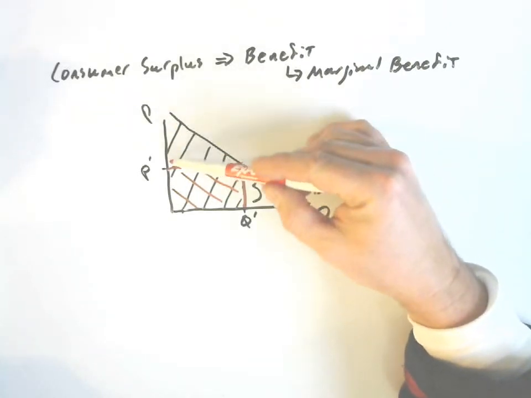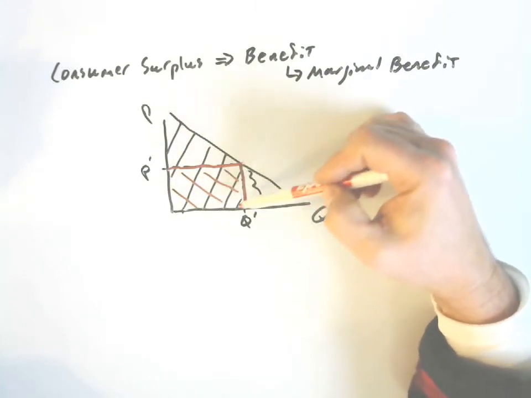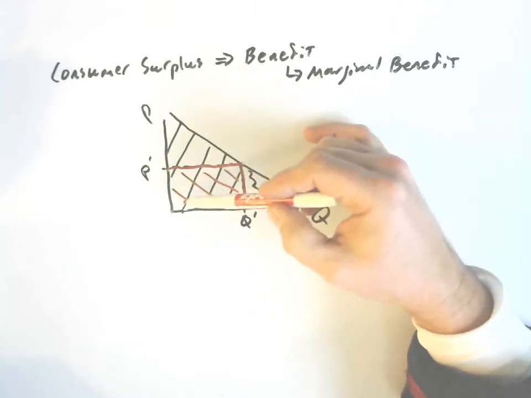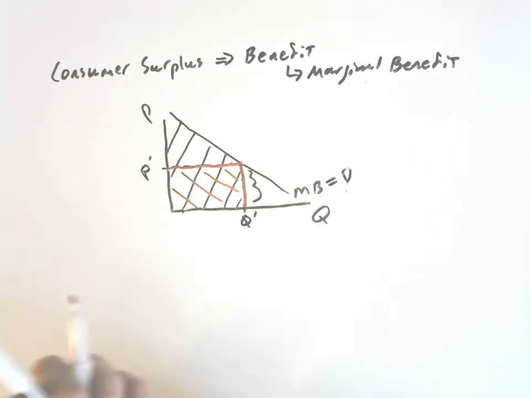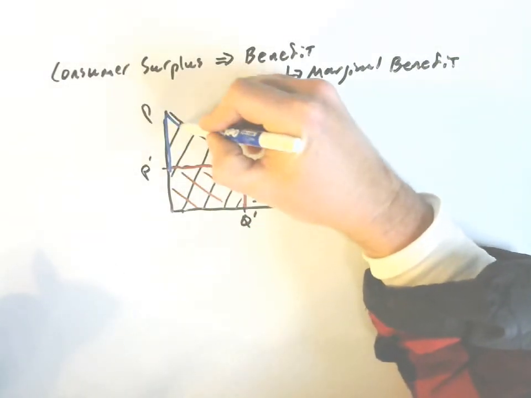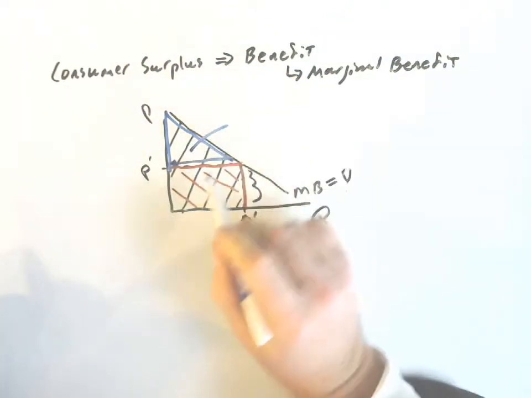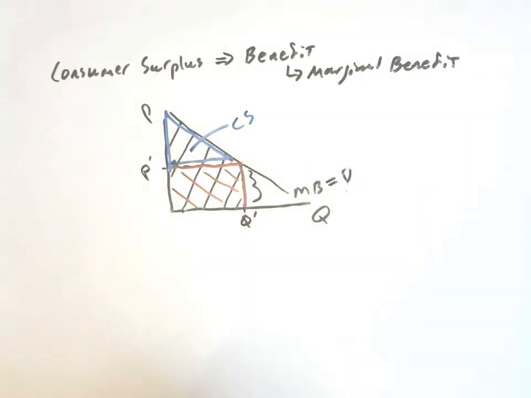But the total benefit is greater than the amount of benefit that was offset by me giving money to the cashier. And how much is it greater? It's greater by this amount here. That part of total benefit is my consumer surplus.